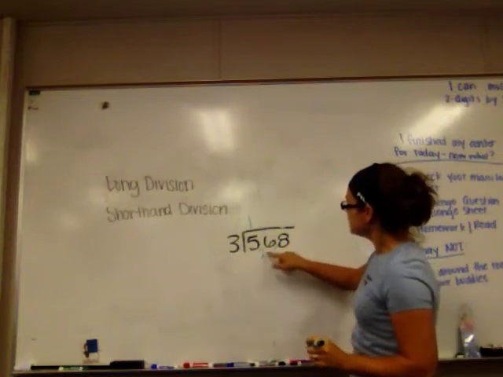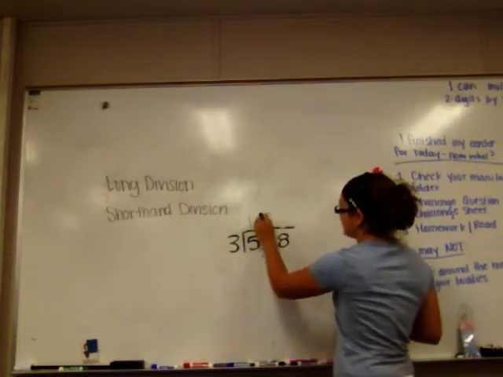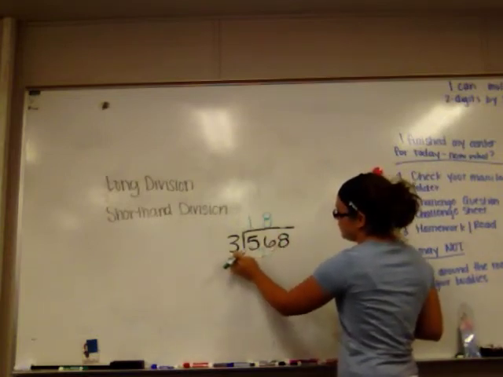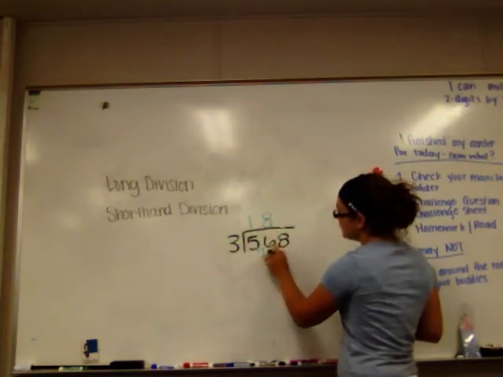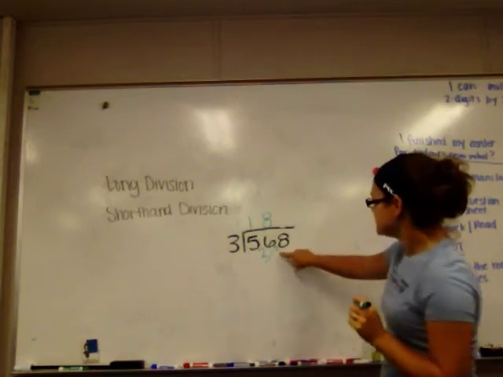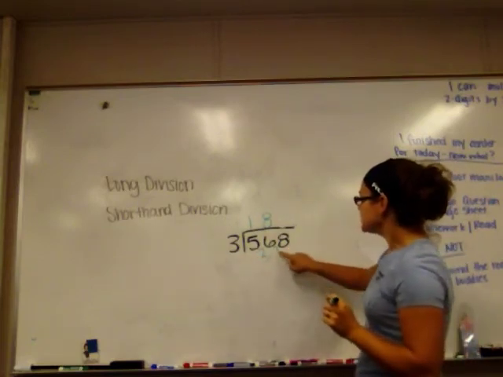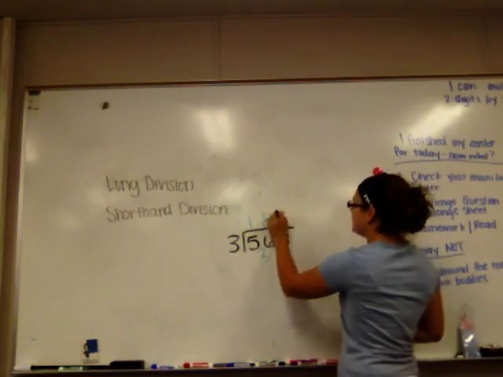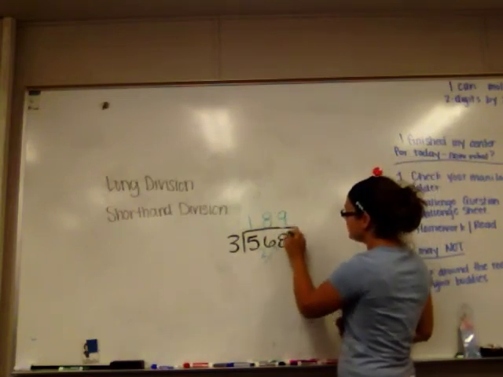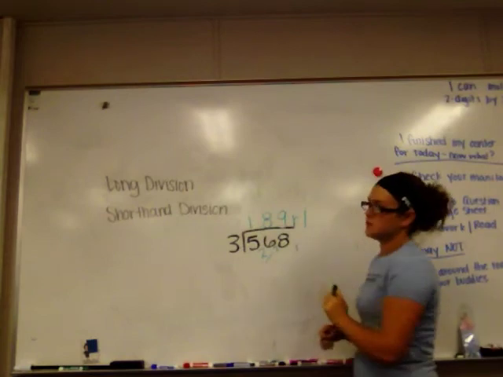So 3 goes into 26 8 times. Okay? Then I'm going to have 2 left over. So I'm going to put another 2 right down here. So now you see I have sort of a 28 right here. So 3 goes into 28 9 times, and then I have 1 left over, and that's my remainder.